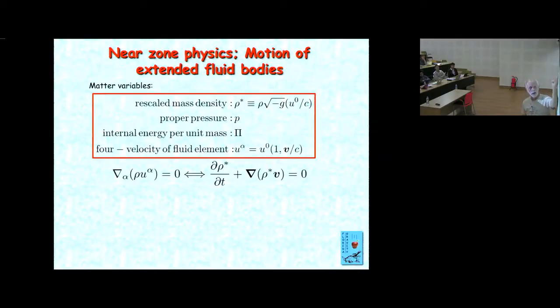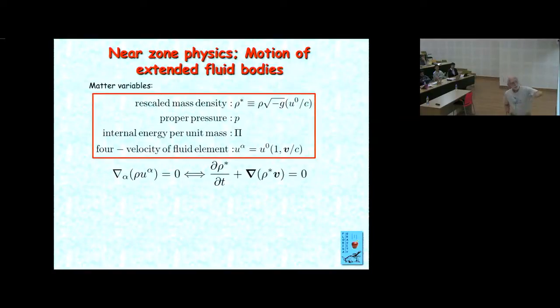That is a covariant statement using our physically defined rho. So it simply expresses the conservation of baryon number and the fact that the chemical composition doesn't change, so the mass per baryon is the same.